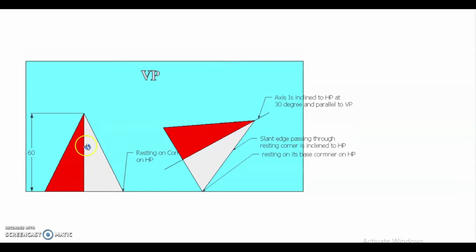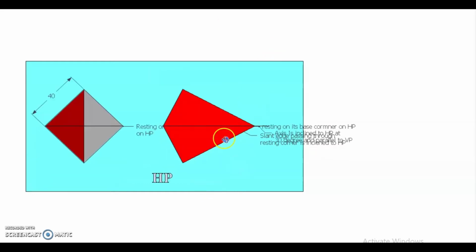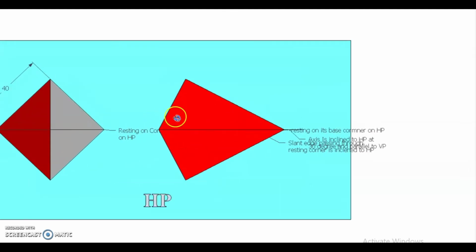Redraw this front view in this orientation with the help of the given data, that the axis is inclined to HP at 30 degrees, using geometrical construction techniques, and finally draw its top view. In the top view, which portion is visible?